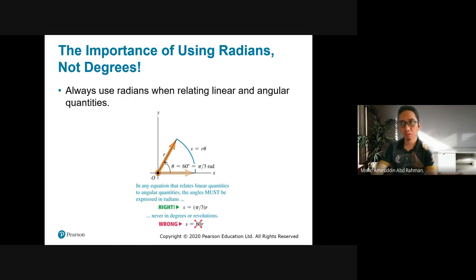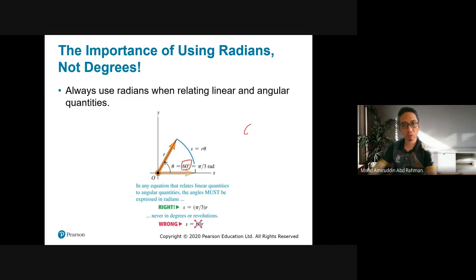All right. So the importance of using radian. Why do we use radian? We must always use radian when relating the linear and angular velocity. So let's say over here we have theta as 60 degrees. Degree is not in radian, so we must convert that to radian. How to convert that to radian?